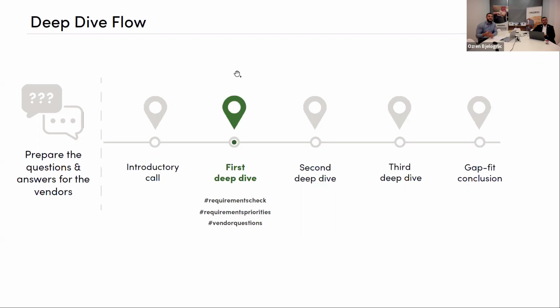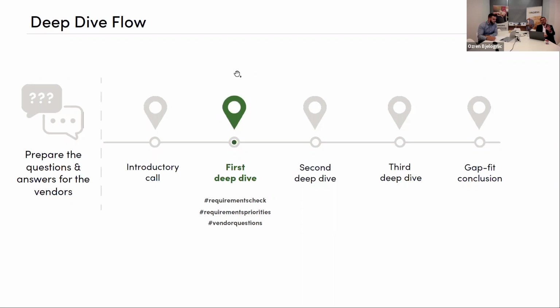For example, in some cases, vendors might have workarounds for your specific operations, but not an immediate solution, or something is going to be available within the next couple of quarters, or they might need additional clarification about your operations. You should definitely spend this first deep dive, probably a good 1 to 2 hours, where you dig deep into your operations and make sure you answer all of those vendor questions.